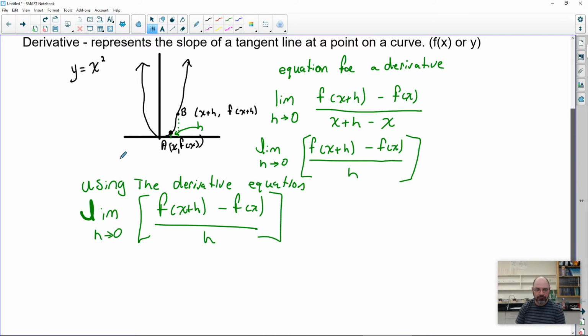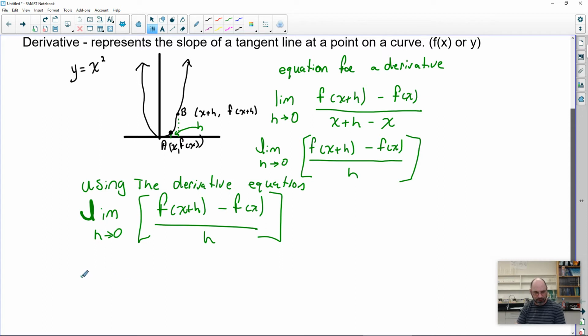Let's say that our f of x is x squared. So where we have the x, we're going to put x plus h here, and where we have the x, we're going to put x here.